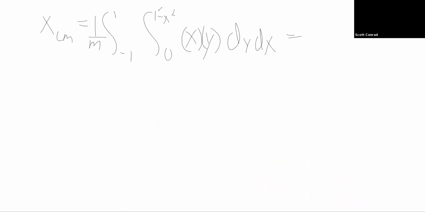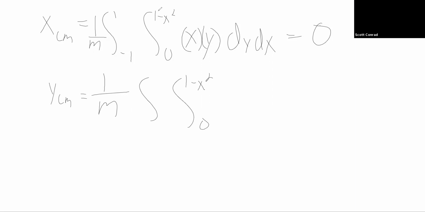So the x coordinate of the center of mass is going to be 0 for reasons of symmetry. And don't forget about this 1 over m part, because that's important.